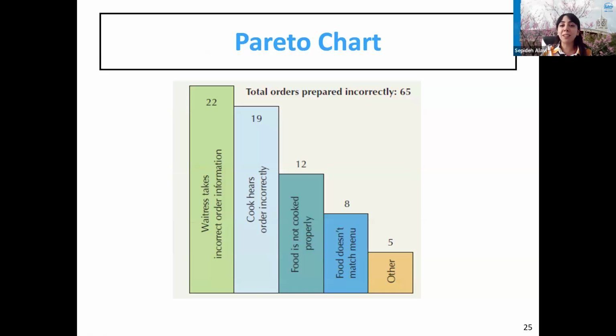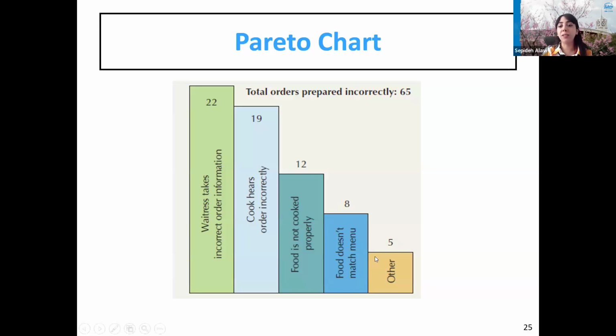With the Pareto chart, we can translate the check sheet into a chart. So we can see which cause had the highest frequency. At a restaurant, let's say we have 65 total orders that were prepared incorrectly, and we start to investigate the causes. Well, out of that, 22 times it was due to the waitress who took the incorrect order information. 19 times it was due to the cook who heard the order incorrectly. 12 times related to the food not being cooked properly, and 8 times the food really doesn't match the menu.